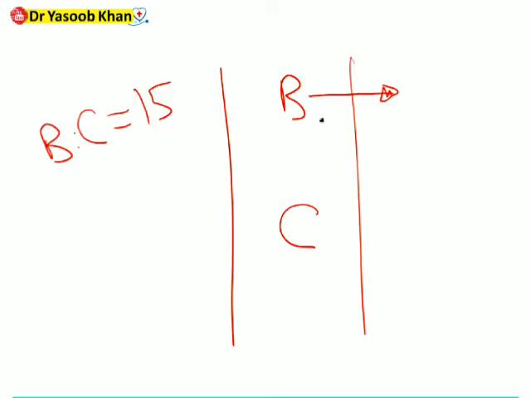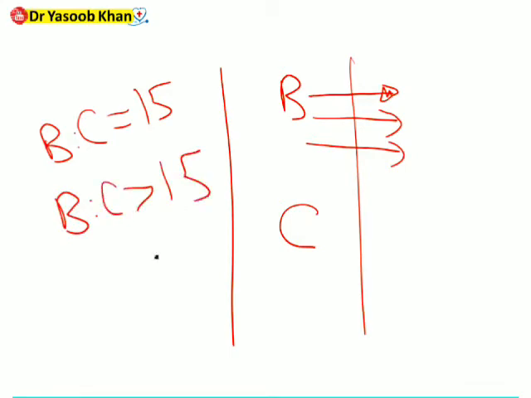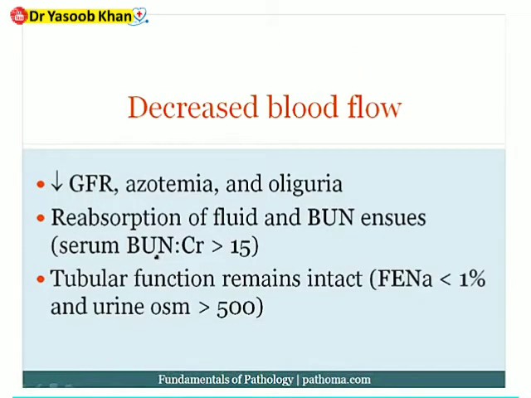As you resorb water, additional BUN will flow into the blood, and as additional BUN flows into the blood, the BUN to creatinine ratio will now become greater than 15. And this is a particularly high yield point to be aware of, and that's why I've spent some time illustrating it. So let's go back, and what we say here in the text, we say that resorption of fluid and BUN will ensue, resulting in a BUN to creatinine ratio greater than 15.